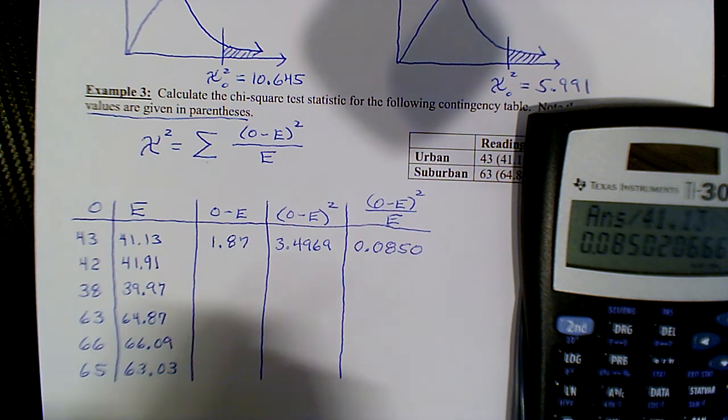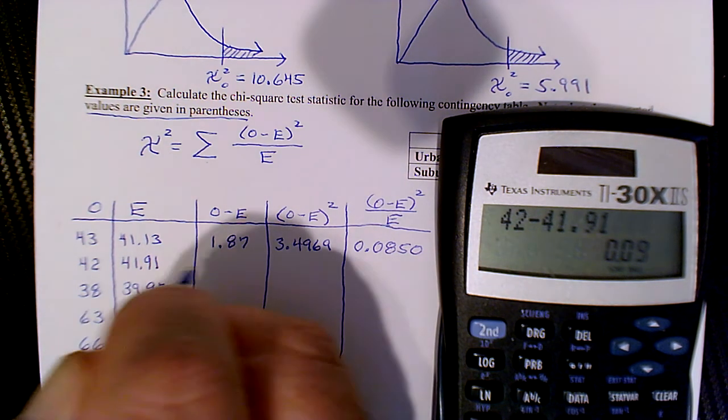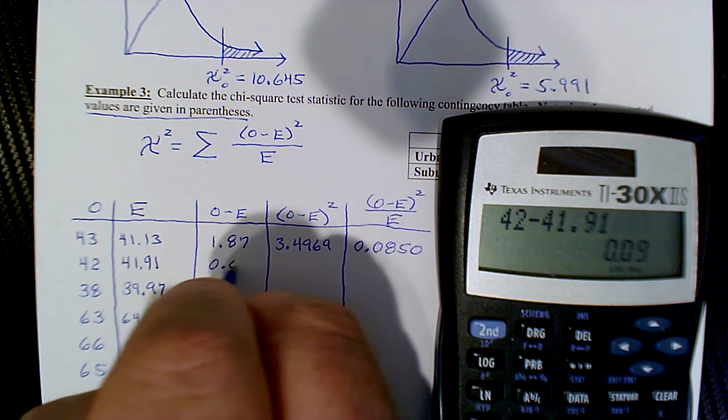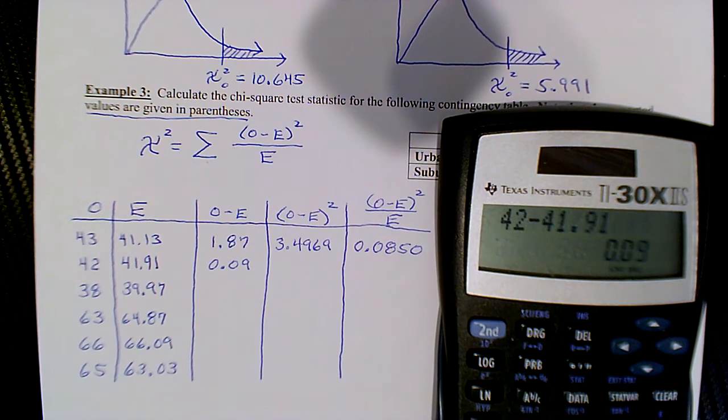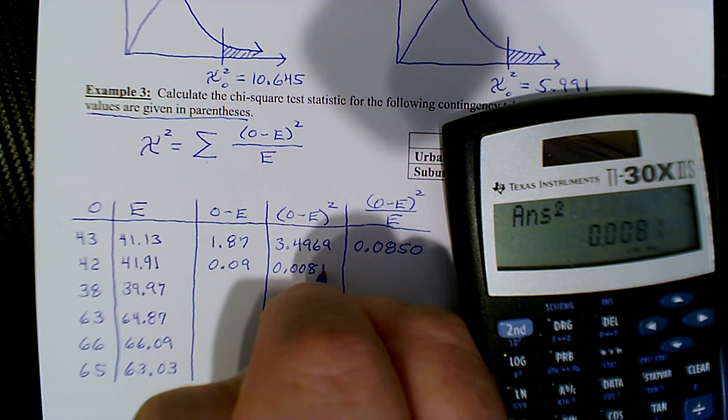Okay, so now for the 42 minus the 41.91, press equals, we get 0.09. And we square that, so I hit x squared, equals 0.0081.